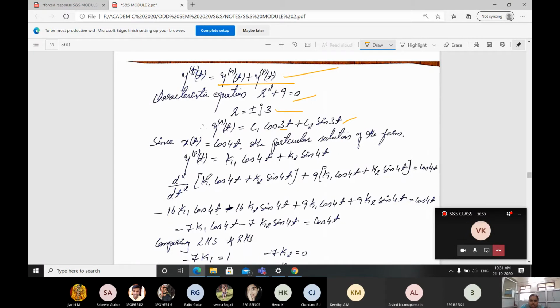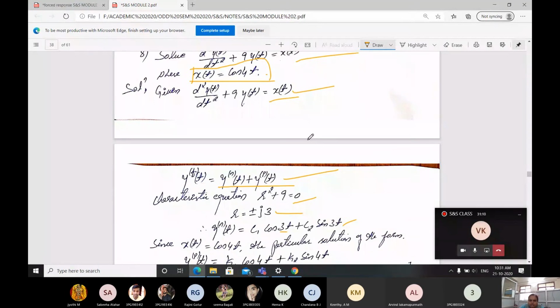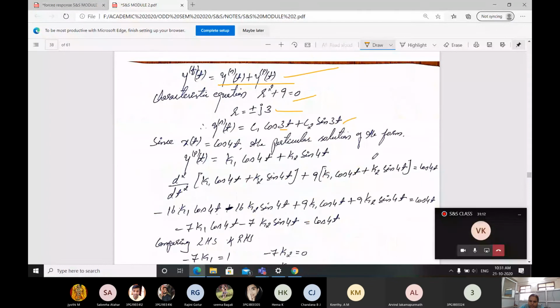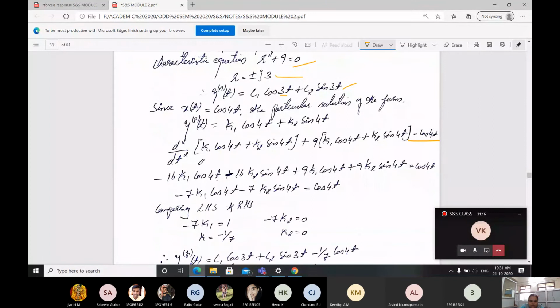Substituting, you get d²/dt² of (k1 cos 4t plus k2 sin 4t) plus 9 times y(t), where y(t) is k1 cos 4t plus k2 sin 4t, equal to x(t), which is cos 4t.